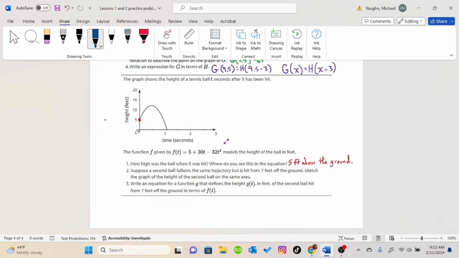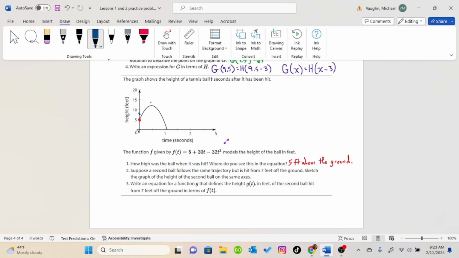Suppose a second ball follows the same trajectory but is hit from 7 feet off the ground. Sketch the graph of the height of the second ball on the same axis. In this case, all we need to do is shift our main points 2 units up.